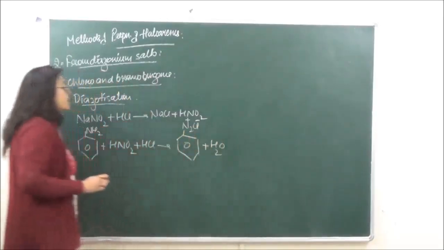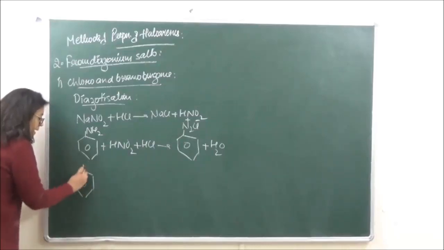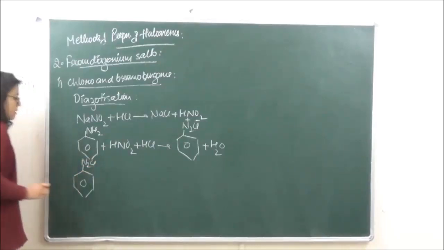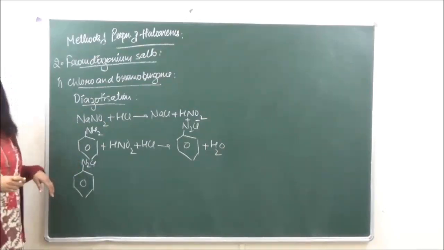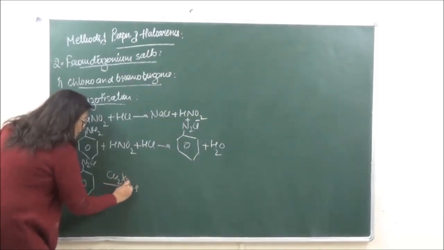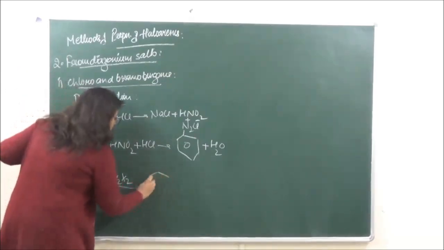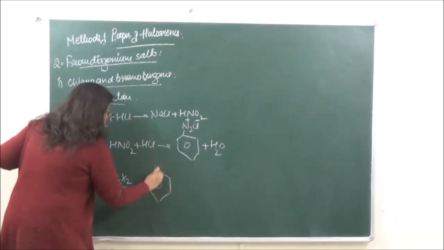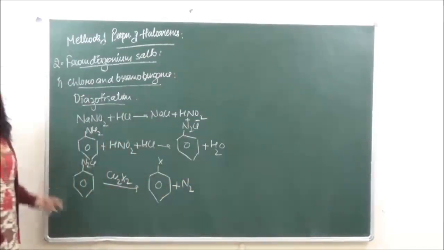So from benzene diazonium chloride, we can prepare the respective haloarenes by reacting benzene diazonium chloride with Cu2X2, which gives ArX plus N2.